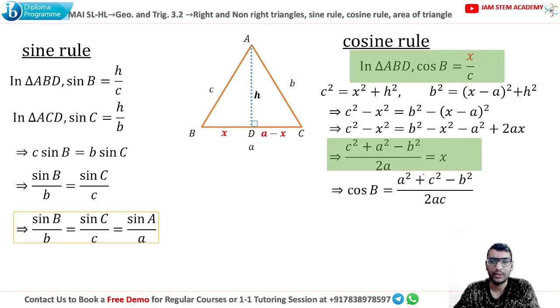Now, similarly, you can find the values of cosine A and cosine C by dropping other perpendiculars.